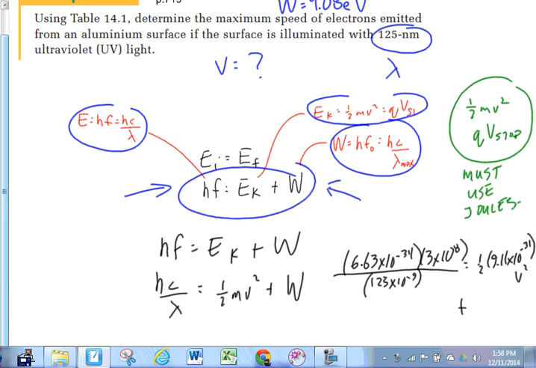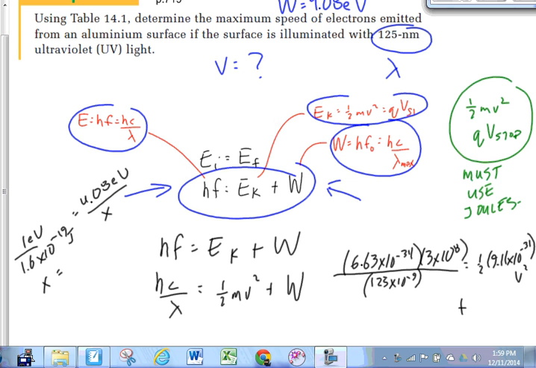Let's convert that to joules. We get 6.528 times 10 to the minus 19 joules. That's our new work function, the same work function, just expressed in different units here.